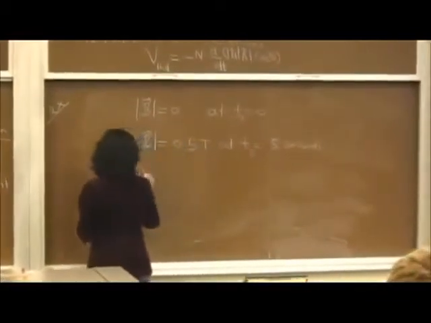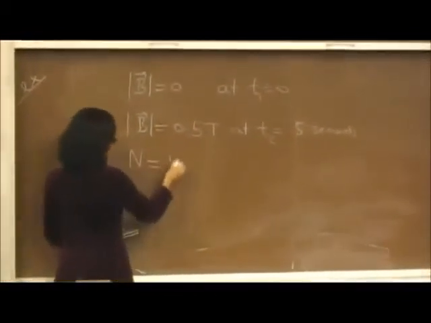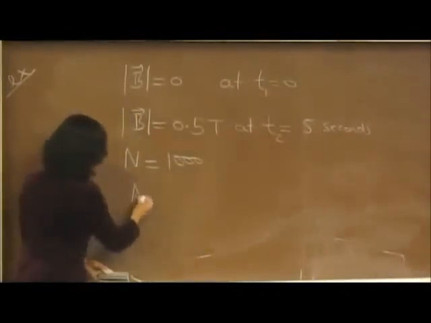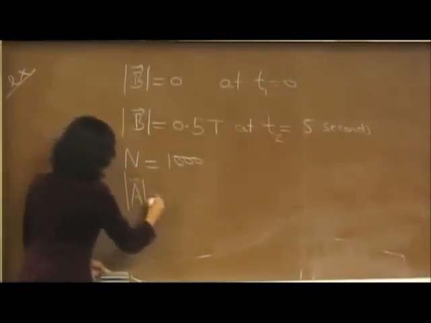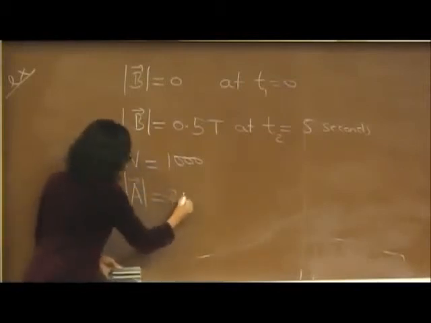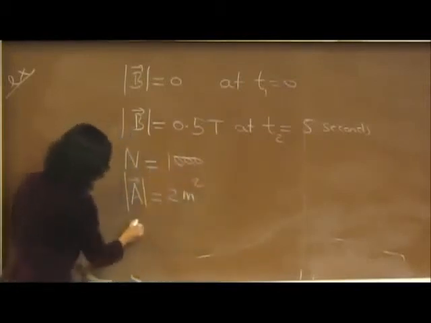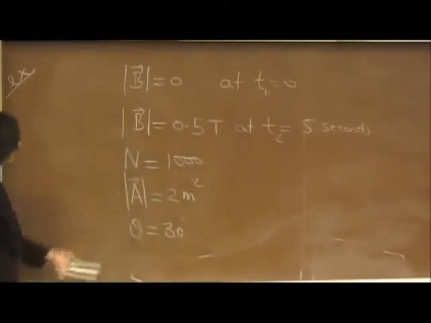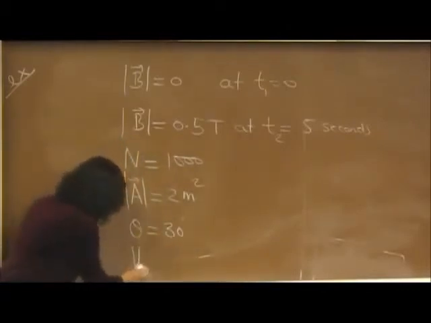And suppose you are told that n, the number of turns of the coil, is 1,000, the area vector has a magnitude of say 2 meters squared, and theta is fixed at 30 degrees, and the question you are asked is what is the magnitude of V induced?